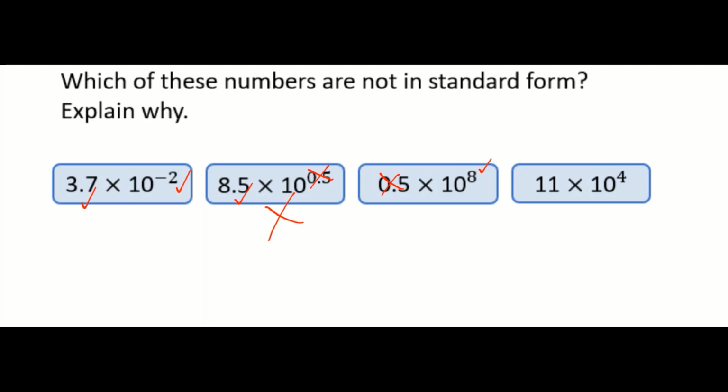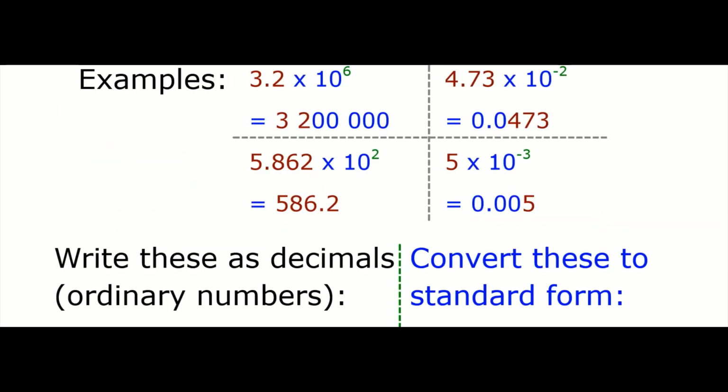The power was an integer, but this bit means it's not in standard form. And finally this one, 11, that's not a single digit point something, it was an integer power. So in here, the only one which was in standard form was 3.7 times 10 to the -2.